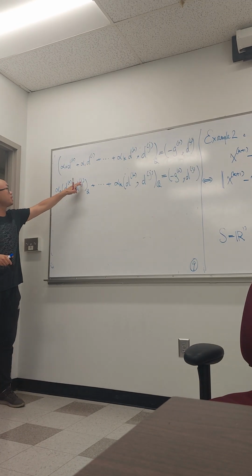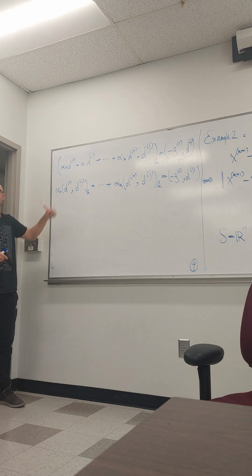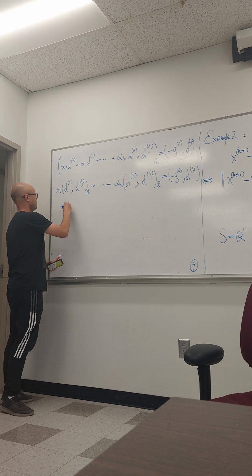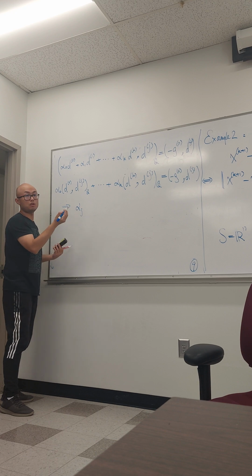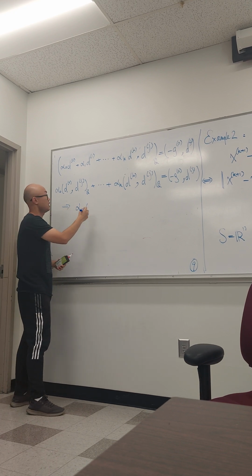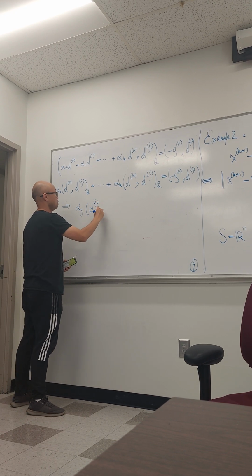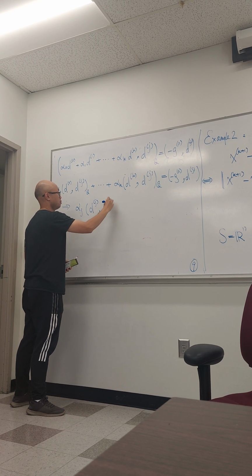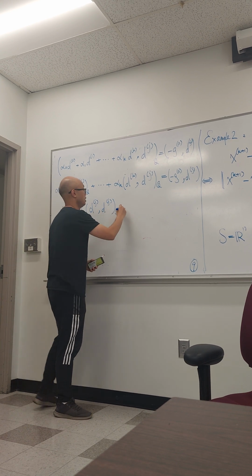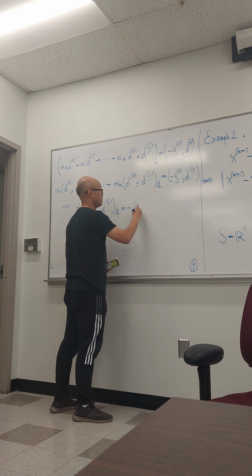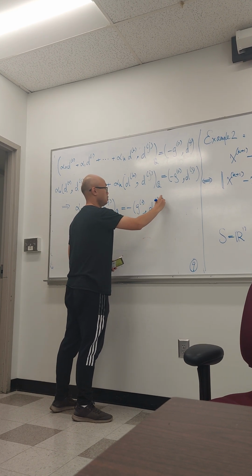That is when j agrees with the superscript. So this implies only one term is left. That is alpha j, and alpha j times d superscript j Q norm equals negative g of 0 inner product with d superscript j.